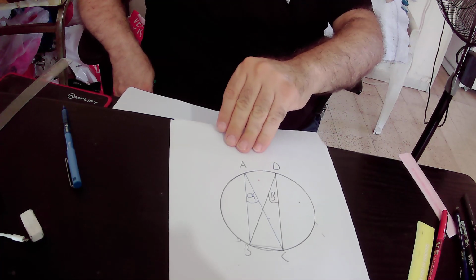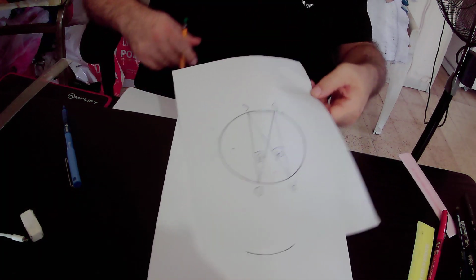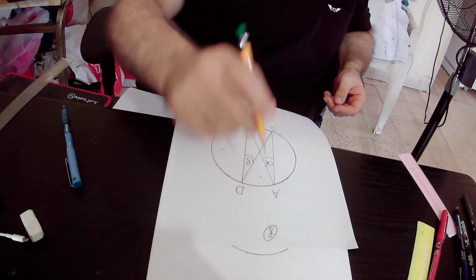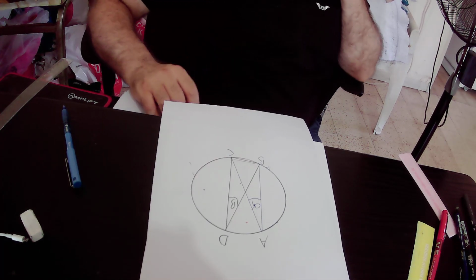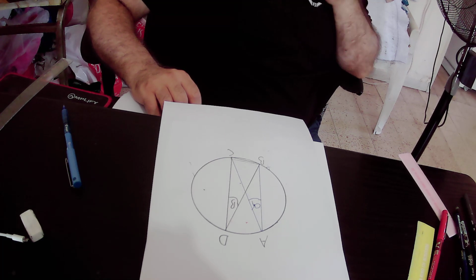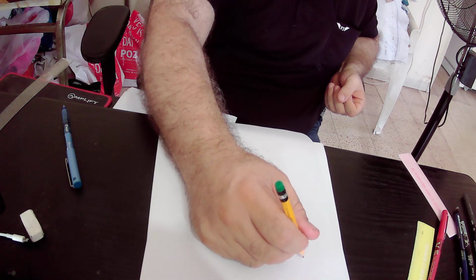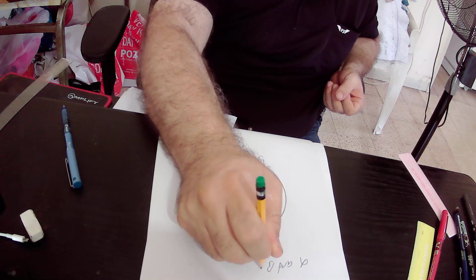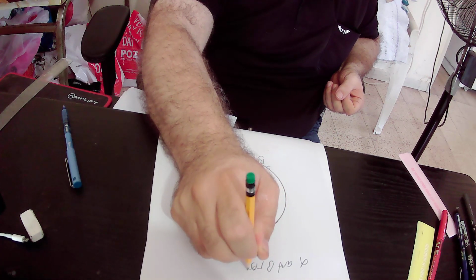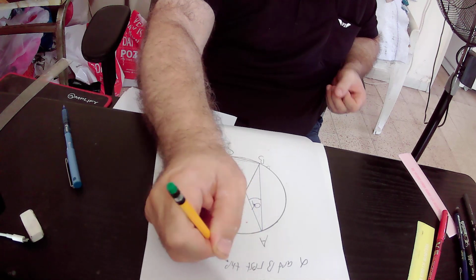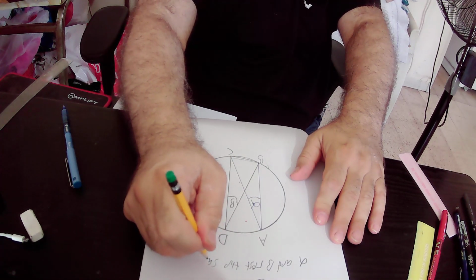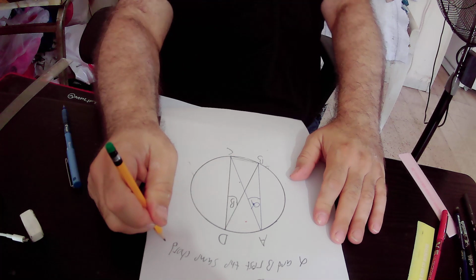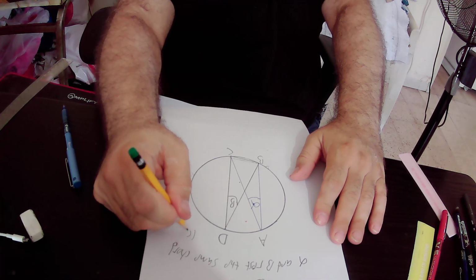Okay, so I write it down. First of all, I will write that alpha and beta rest on the same chord, that is to say chord BC.